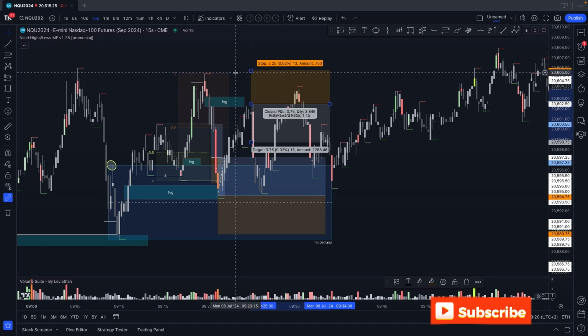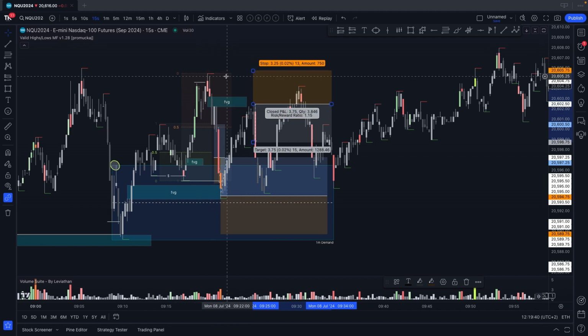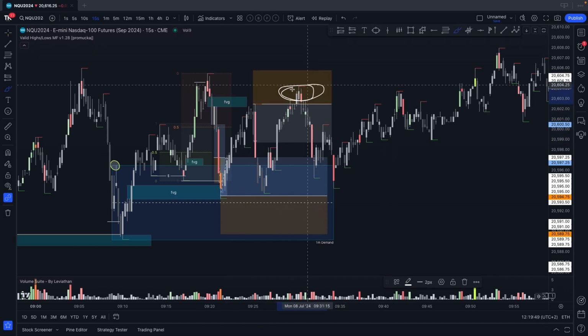Why? Because this is the only level in which we are sure mathematically that this zone gets invalidated only here, because we are still inside the bearish order flow.